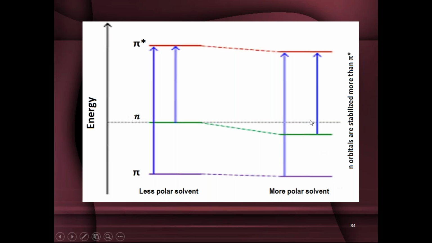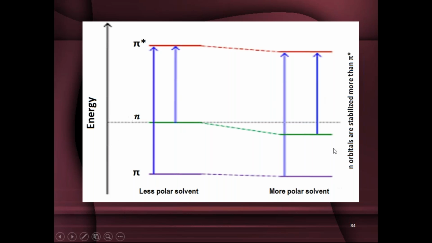Effectively, the difference in energy between the ground and excited state in a highly polar solvent would be more, as evidenced by this arrow and the length of the arrow, this is increased, this is reduced.